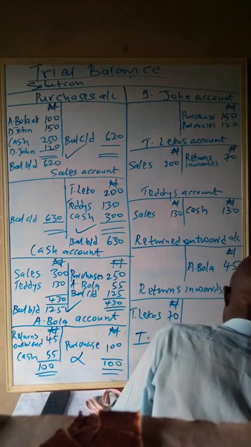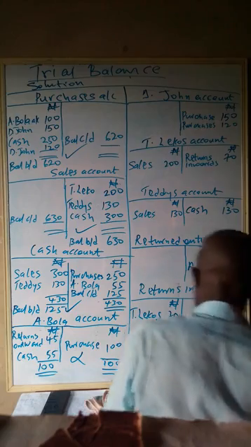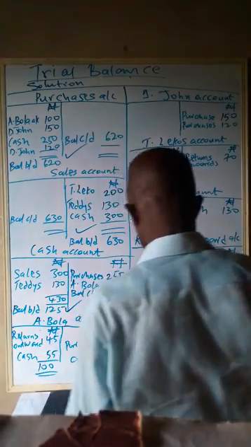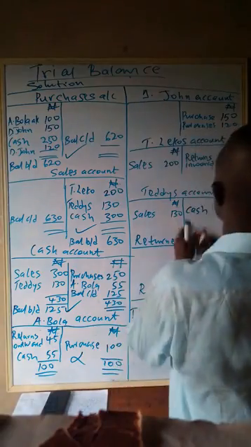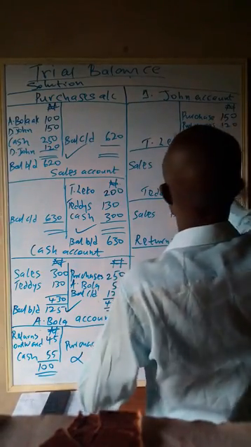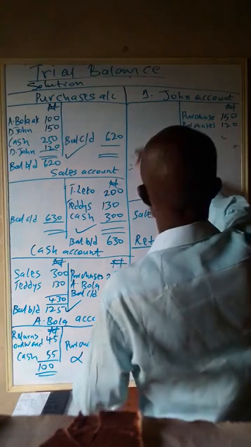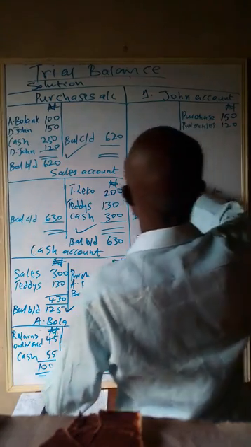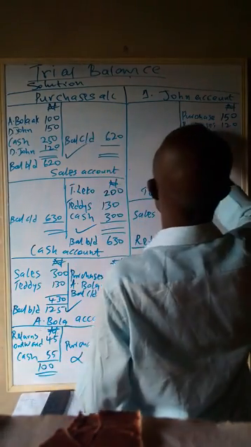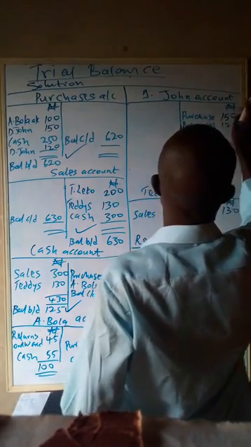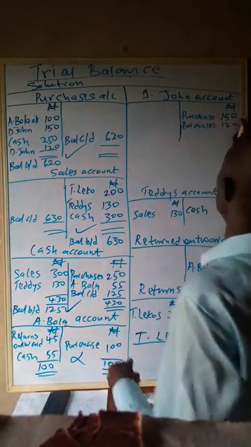Purchases 120. So let me rub this off for space sake so that I can balance this. D. Jones, 120, 150, 120.